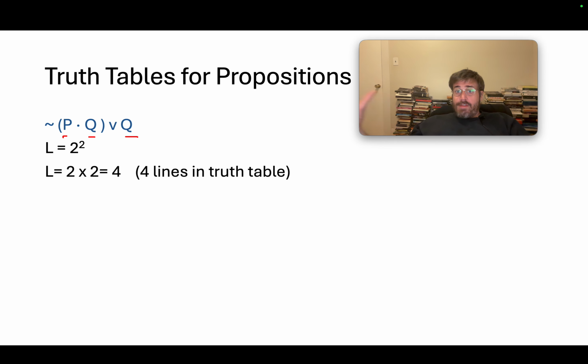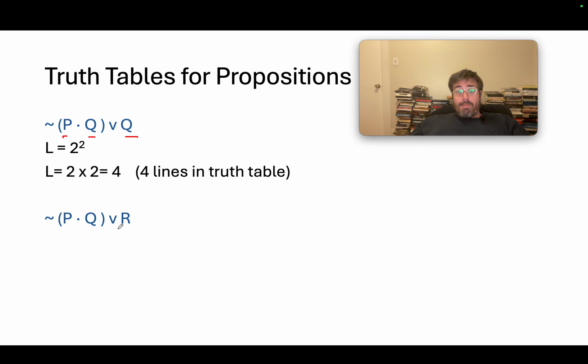So you can see that truth tables can get incredibly long depending on the number of variables you have. The length of the truth table is just a function of the number of variables you have. So if we look at a statement like this, we have a complex statement that's pretty similar with a negation, parenthesis, conjunction, disjunction.